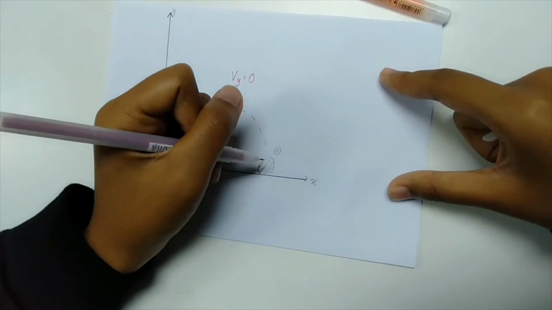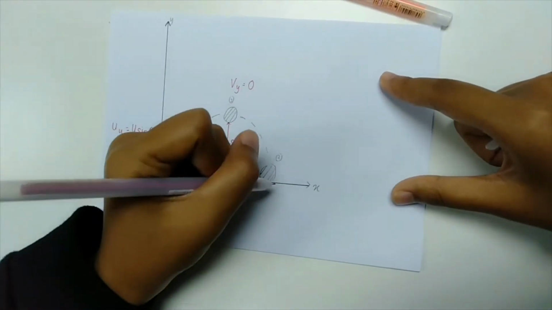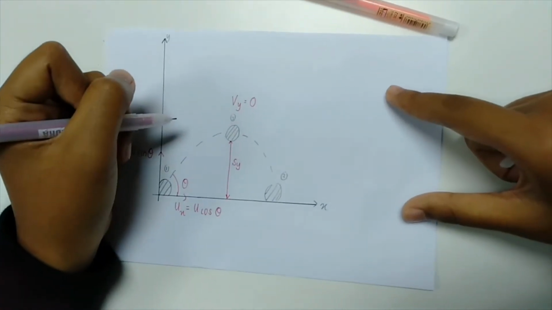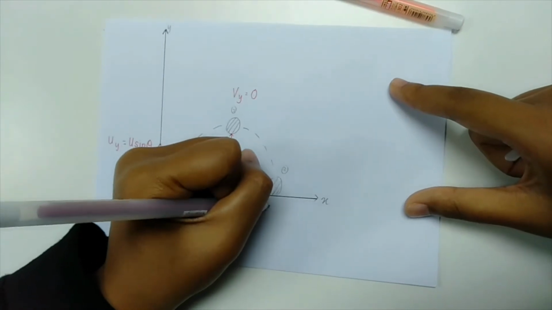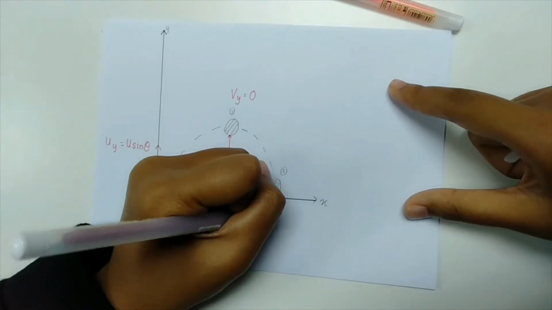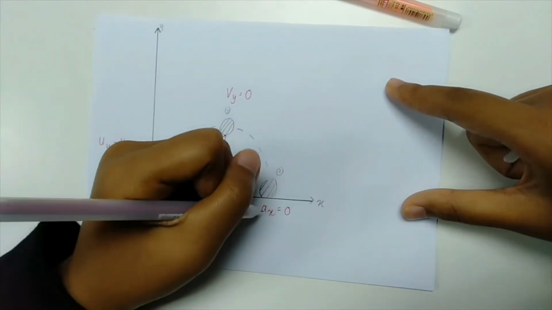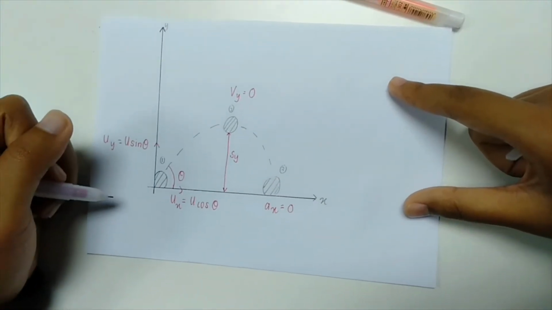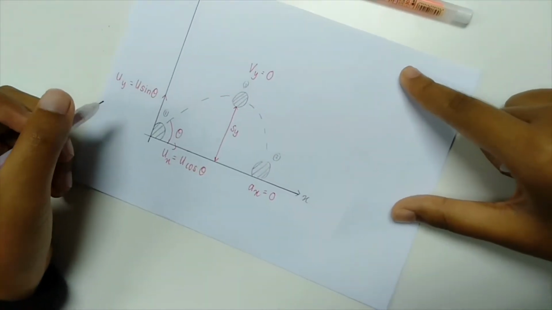The next step is all you need to know is when it touches the ground. When it touches the ground, ay equals 0. And this is all you need to know. The next one is the last one.